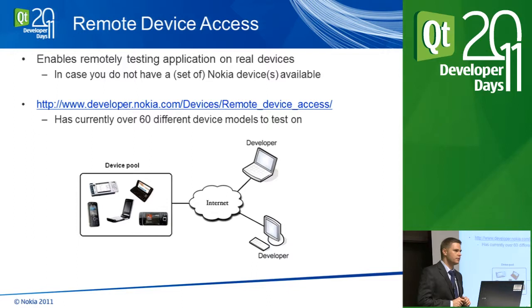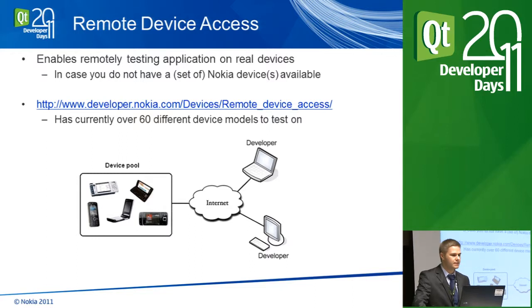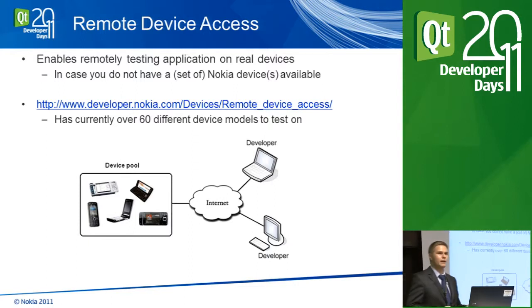One more interesting feature that's enabled by Qt SDK is remote device access. This means that you are able to try out your applications in actual devices remotely. You don't need to have all the devices available. You don't need to have a huge library of all different Symbian devices, all Linux-based devices, things like that.